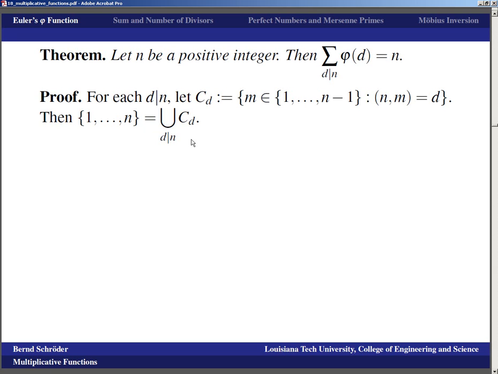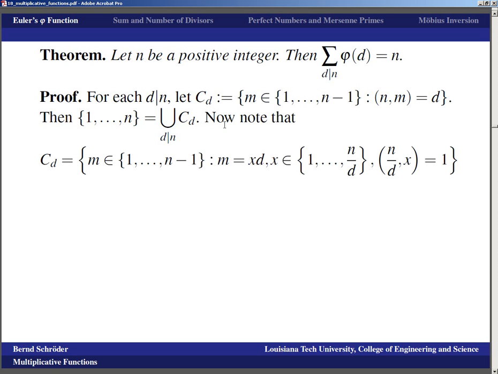And if you take a number in these sets c sub d, then of course it's a number between 1 and n minus 1. I would say that probably c sub n is going to be just the singleton n. So we probably have to assume here that c sub n is the singleton n, or this is just the set 1 through n minus 1.